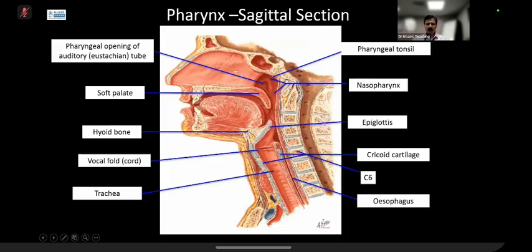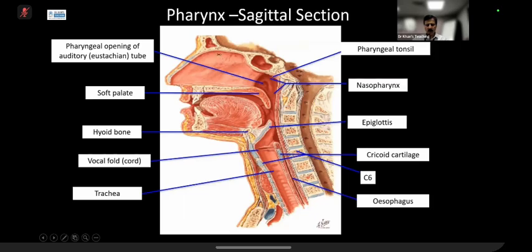Posterior to the nasal cavity is the nasopharynx, posterior to the oral cavity is the oropharynx, posterior to the larynx is the hypopharynx, also known as laryngopharynx. In many anatomy textbooks, you will see that word. It is the same thing. So you should have a clear-cut idea of the boundaries and how we define them.